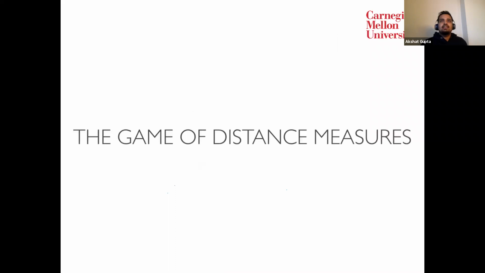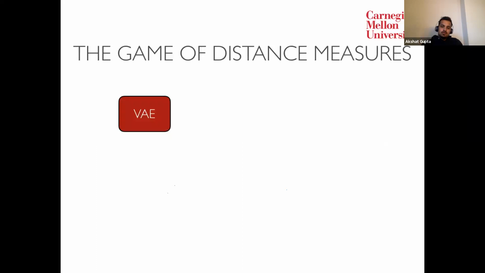And I guess the question you should ask is why should you care about this crazy looking distance? This relates back to a question that was asked initially: the entire game we're playing here in VAEs and GANs is the game of distance measures. We used a divergence metric for VAEs, and that was KL divergence.